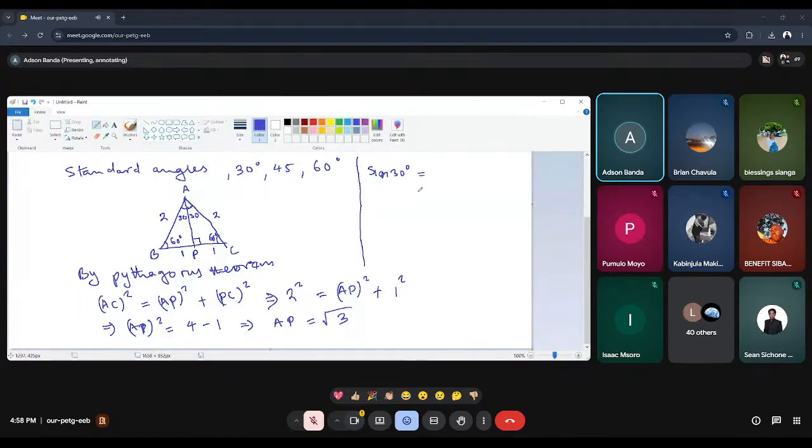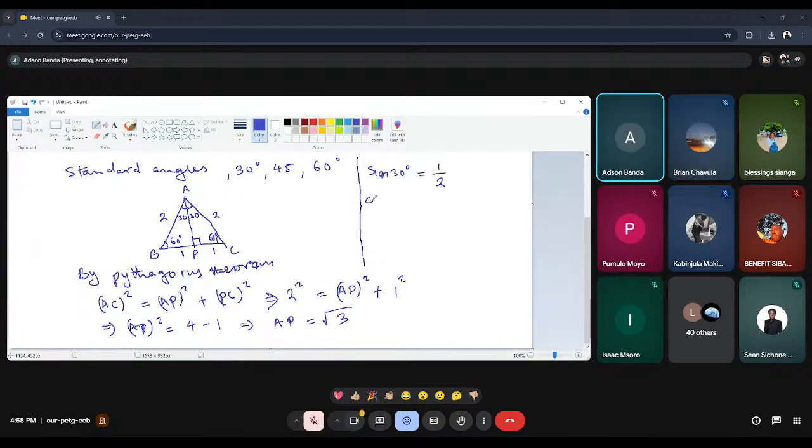From the diagram here, if you use any of these two right-angled triangles, it is given as the opposite over hypotenuse, and then you can see that this is equal to 1 over 2. So that is the first standard ratio.